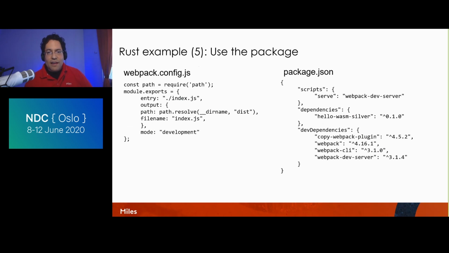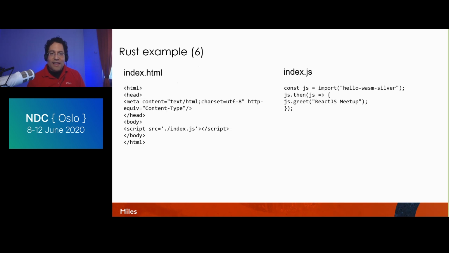And this is then how we can use this in our web application. We can define a webpack config, and we can define a package.json for our web application. In this package, we just define that we have a dependency on our hello wasm silver package. And then we can just create a regular index file.